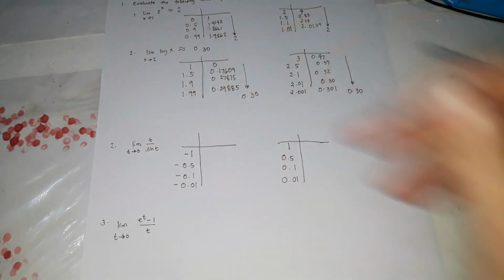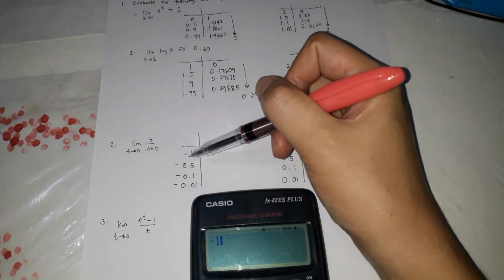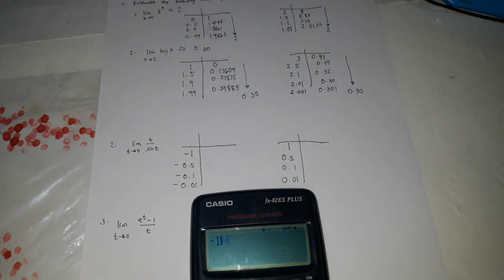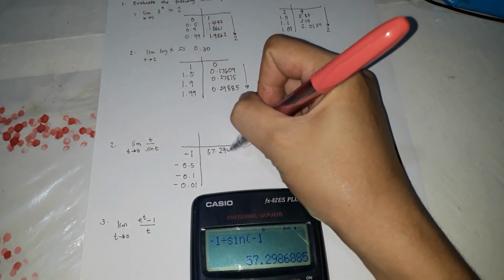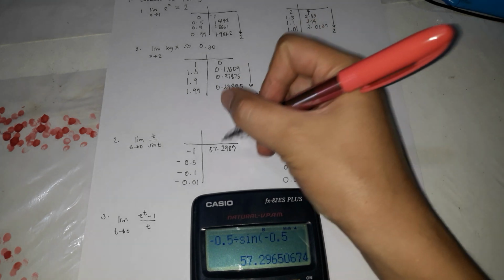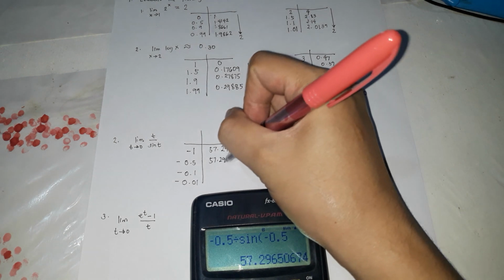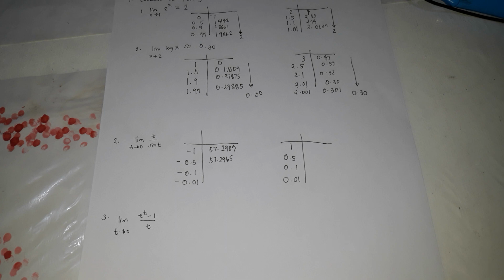So if we substitute, negative 1 divided by sine of negative 1, that's 57.2987. Negative 0.5 divided by sine of negative 0.5 is 57.2965. I've solved two ahead.